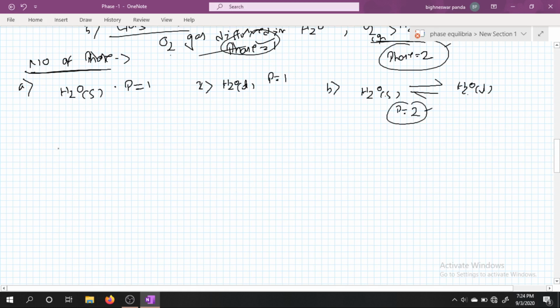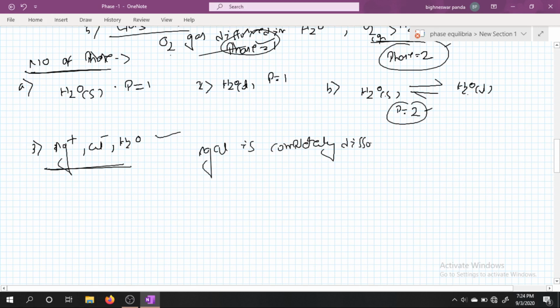Consider question number 3: Ag plus Cl minus. If any question is given like this, you have to consider that AgCl is completely dissolved in water, so I can simply say that phase equal to 1.